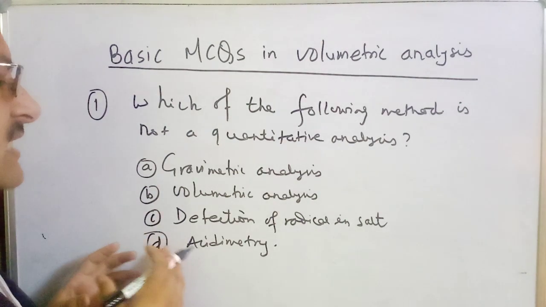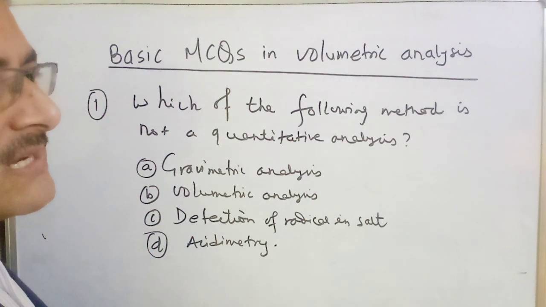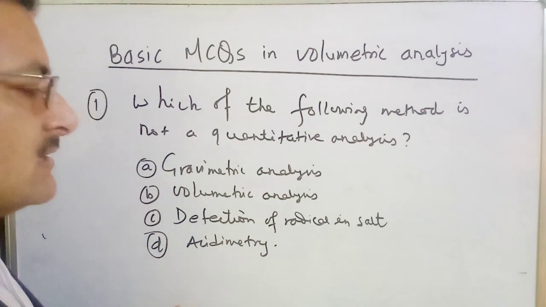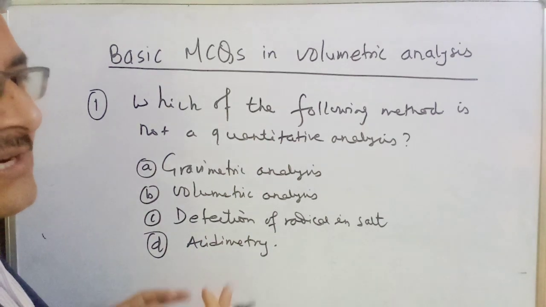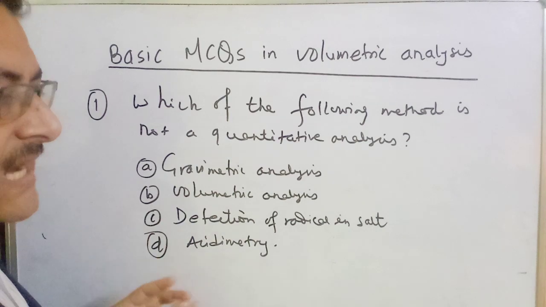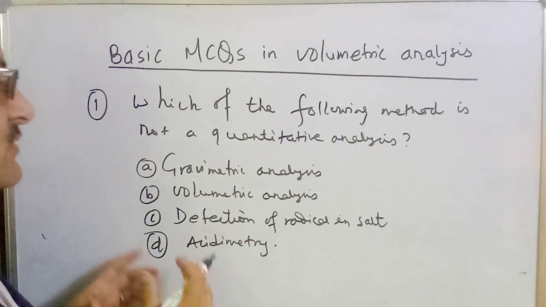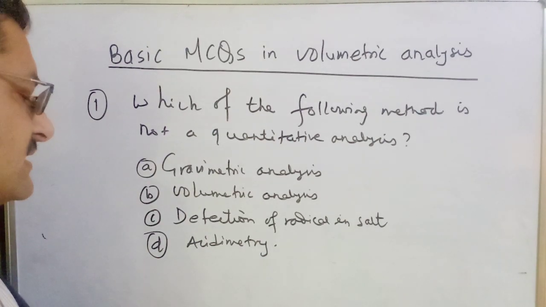Similarly, detection of radical in salt. For example, if you have sodium chloride salt, then you identify which is the cation, the basic radical, and which is the anion, the acid radical. This is just the identification or detection of radicals in a salt, not calculating the amount of cations or anions. Therefore, the detection of radical in salt is not quantitative analysis, it is qualitative analysis.